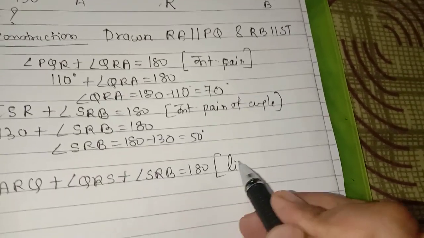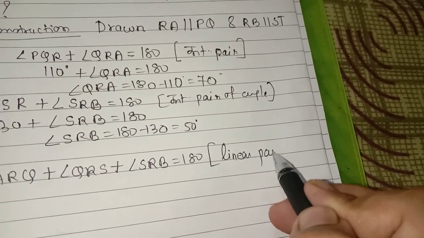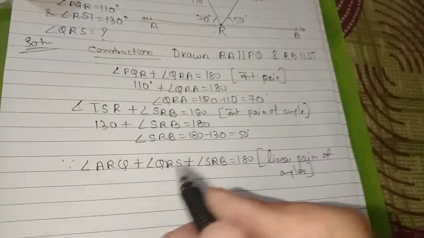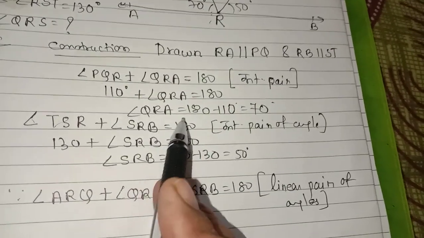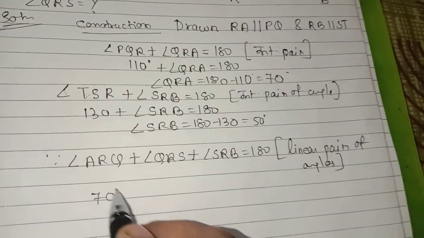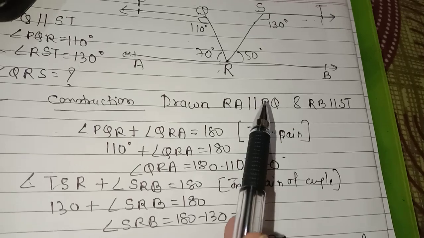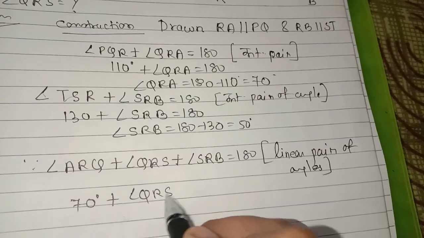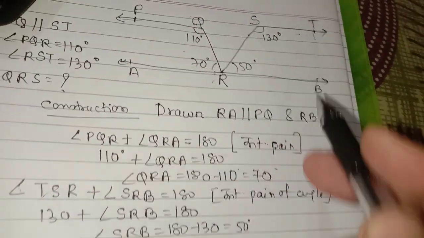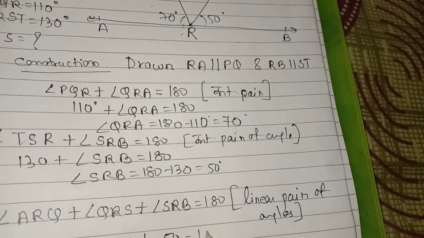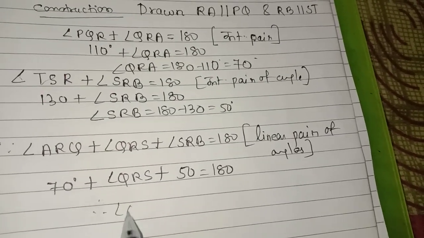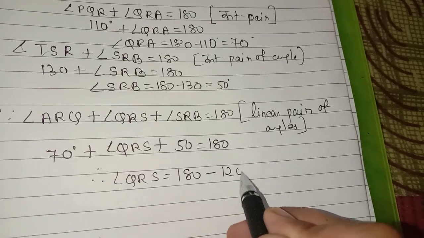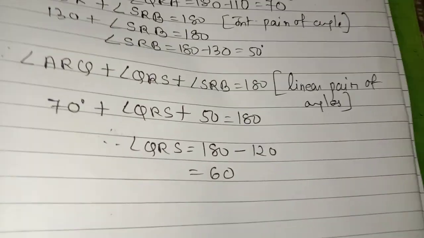Reason: linear pair of angles. So now let's put in the values. QRA or ARQ is 70, plus QRS, that we have to find out, plus SRB 50 is equal to 180. So the value of QRS will be 180 minus 120, so it is 60.